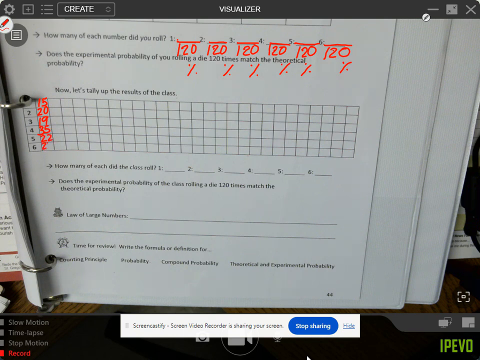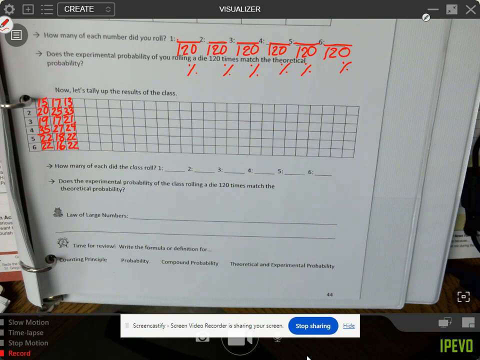Bryn. 17. 25. 17. 27. 18. And 16. Madison. 13. 33. 21. 24. 22. 22.